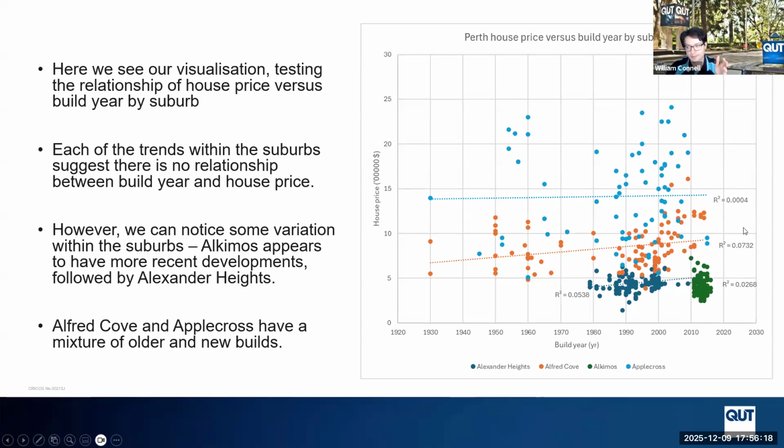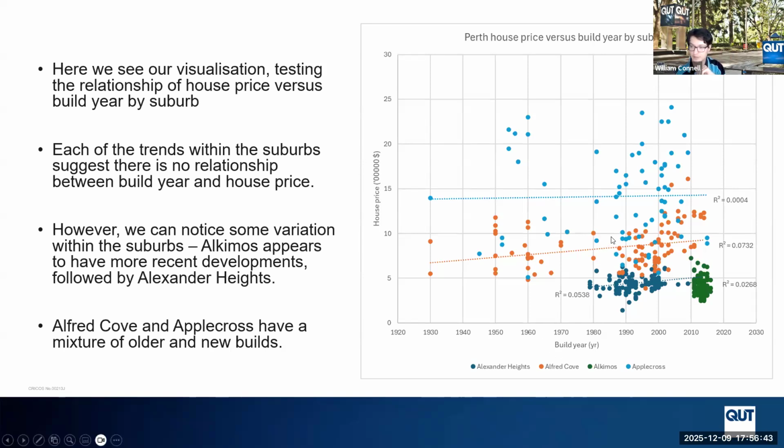None of them appear to be above 10%. What that means is that build year, regardless of the suburb we're looking at, explains less than 10% of the variation in house price. Another way of saying this is there is a very weak relationship between build year and house price.